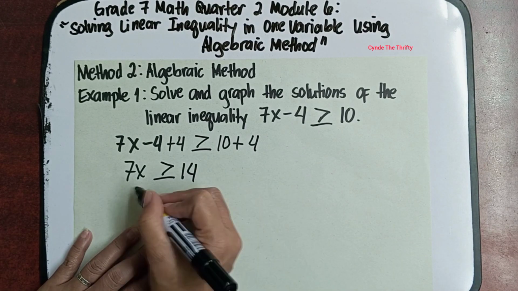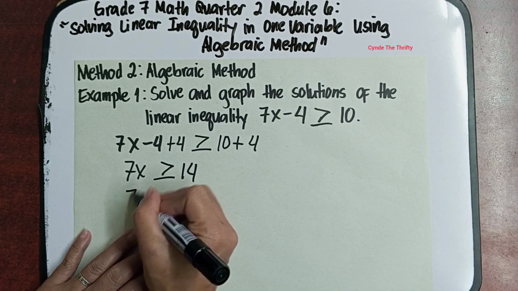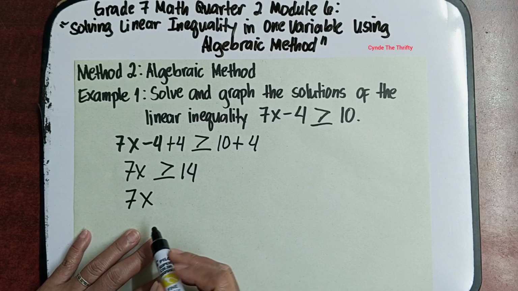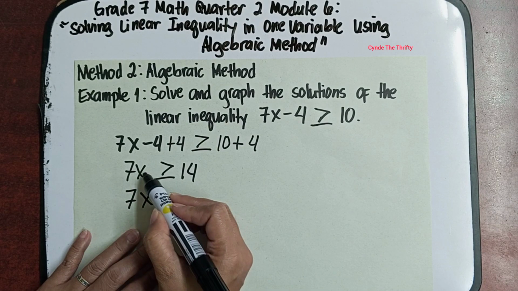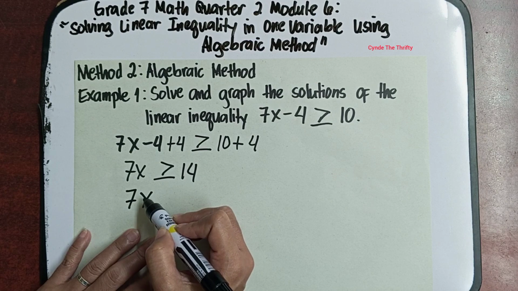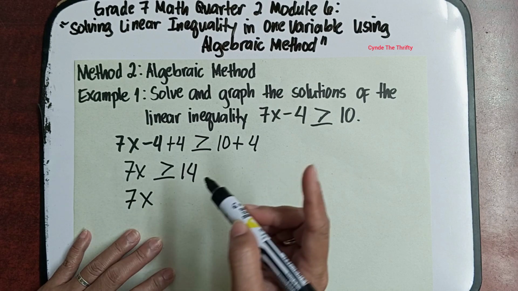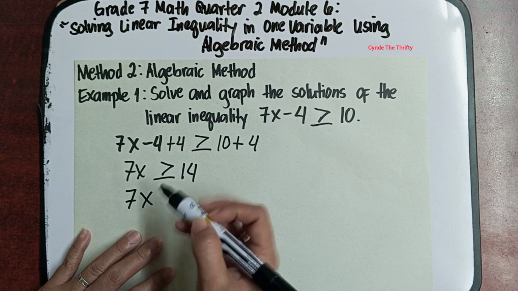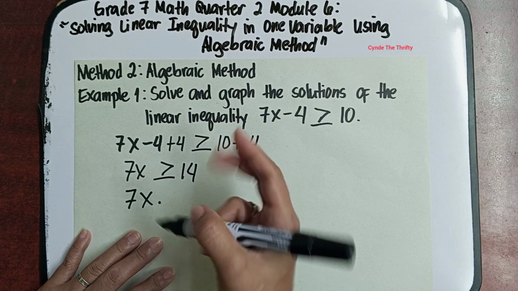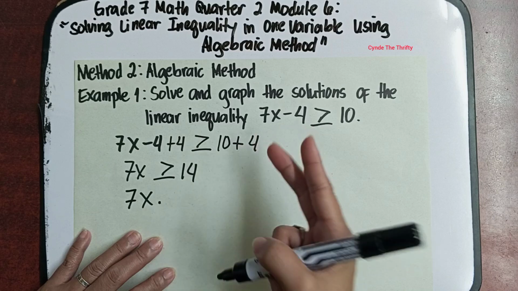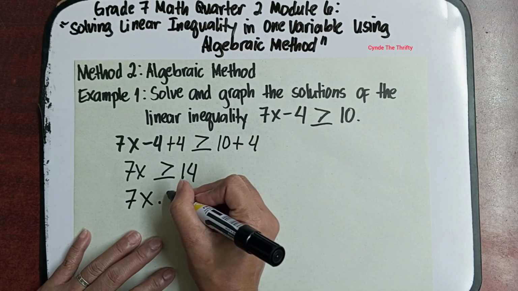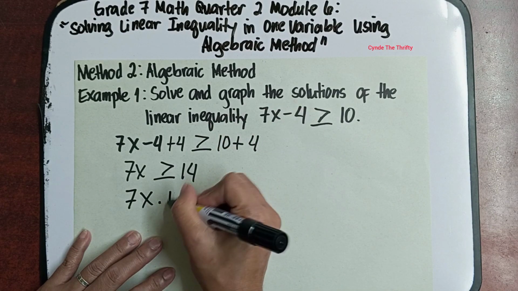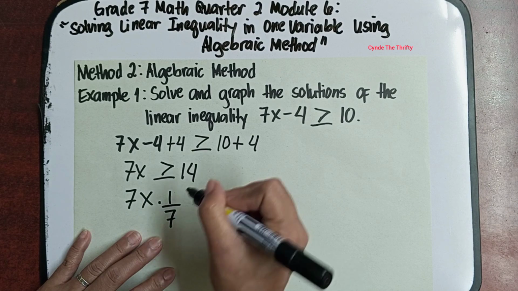So 7x, ano ang gagawin natin para mawala si 7 at si x na lang yung maiwan? Ang gagawin natin, i-multiply natin siya sa kanyang reciprocal. Ano yung reciprocal ni 7? 1 over 7. Ito yung ating multiplication property of inequality kanina. I-multiply natin sa kanyang reciprocal, multiplied by 1 over 7.